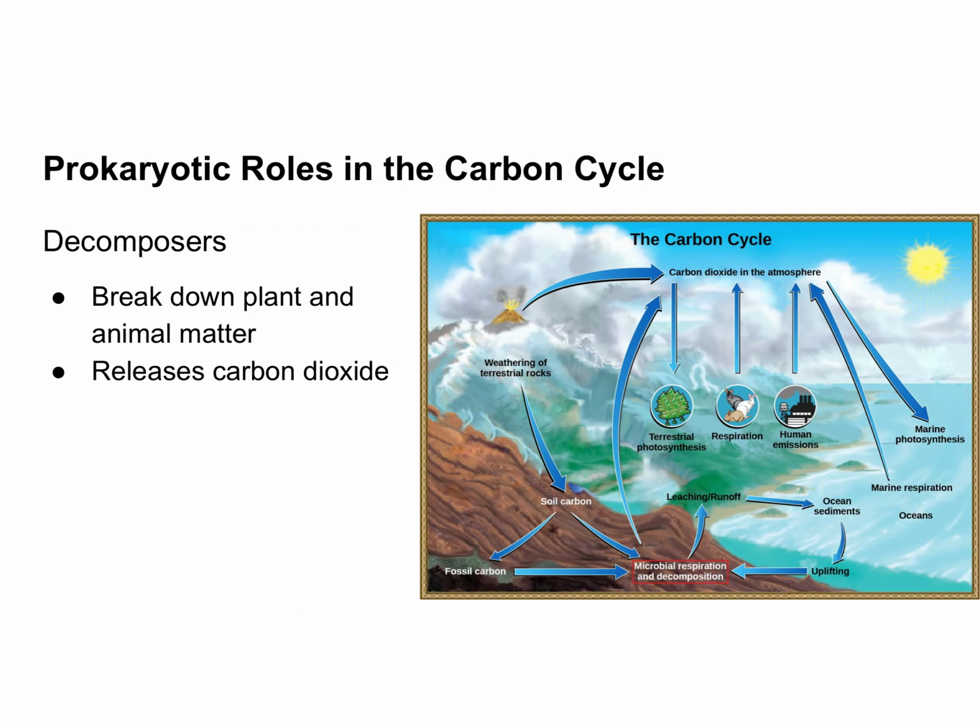Decomposers are going to be similar to our consumers or our heterotrophs in that they are still taking in organic compounds and releasing carbon dioxide during the decomposition process. So when we're talking about breaking down plant and animal matter, we are talking about biomass. And when we're talking about biomass, we're talking about organic compounds.